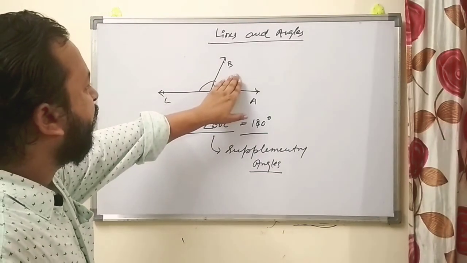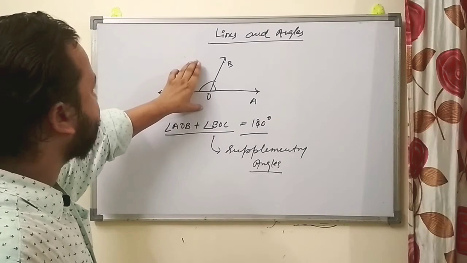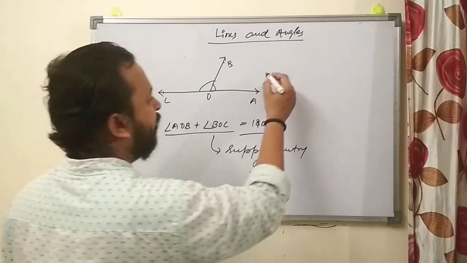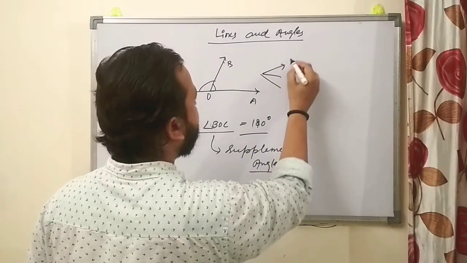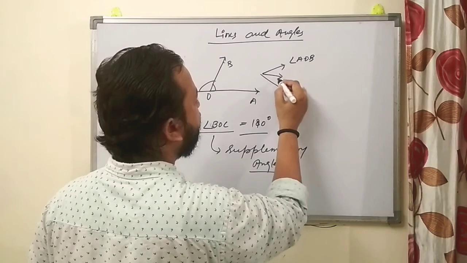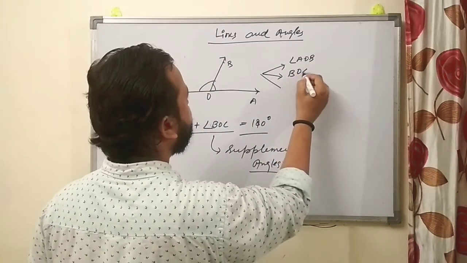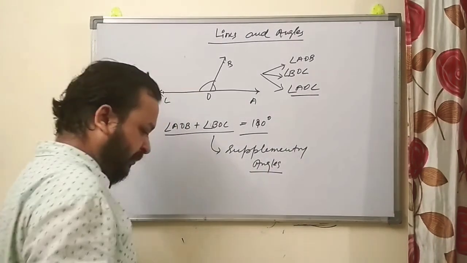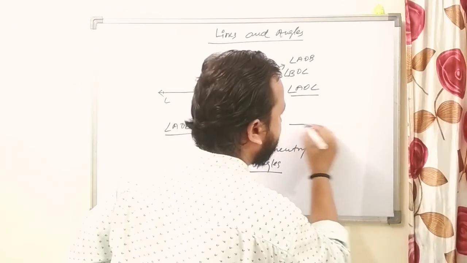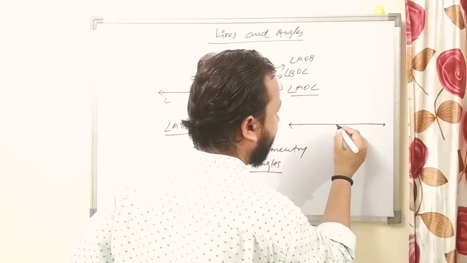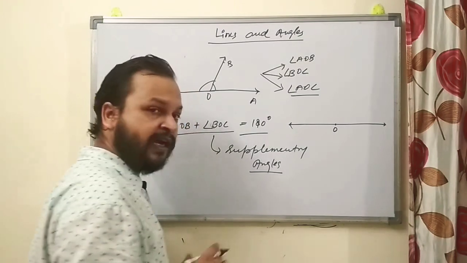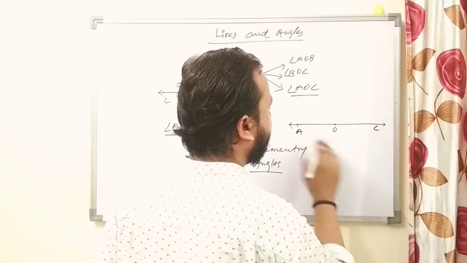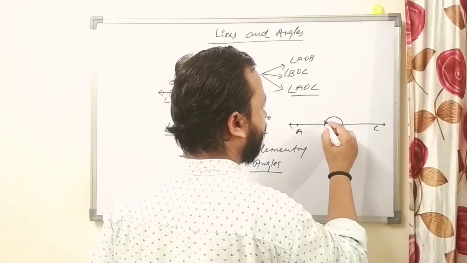Here there are three angles. One is angle AOB, second is angle BOC, and third is angle AOC, right? This is a straight line at point A, and a straight line always makes an angle of 180 degrees on a point, right?